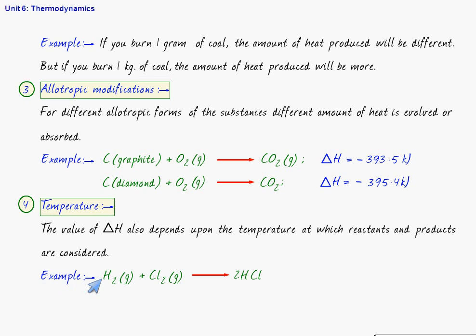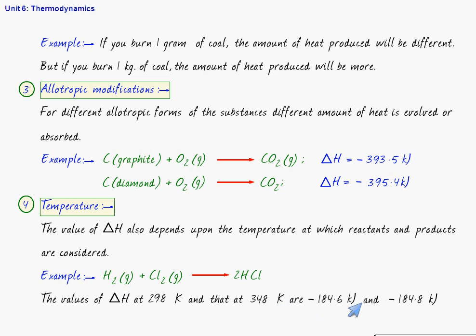You know, the value of delta H at 298 Kelvin and at 348 Kelvin are minus 184.6 kilojoule and minus 184.8 kilojoule respectively. So you can see the same reaction is taking place. All the reactants and products are also the same, but when you change the temperature, the amount of heat evolved or absorbed will be different.